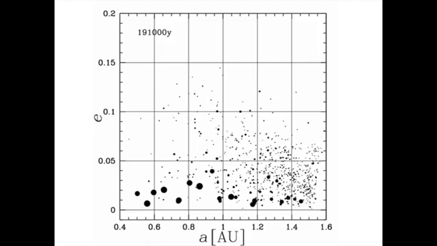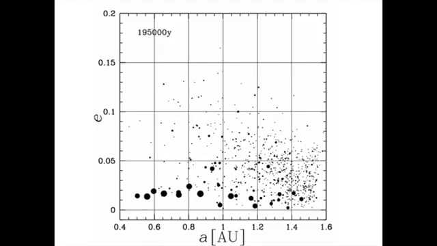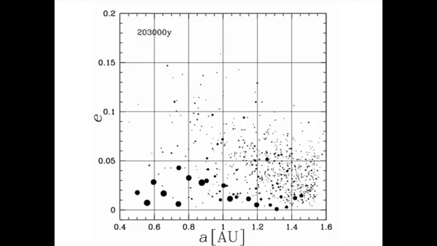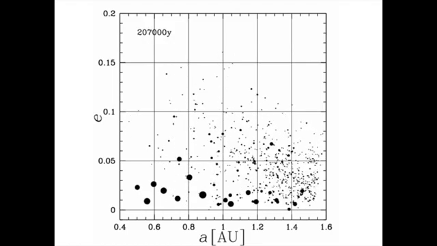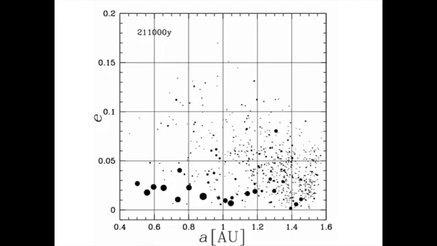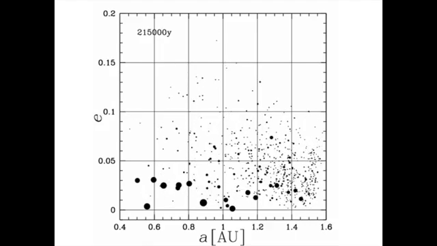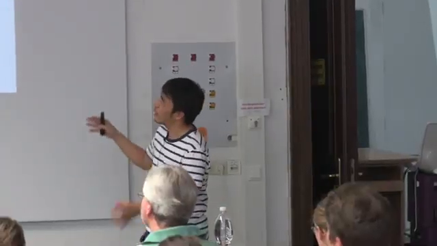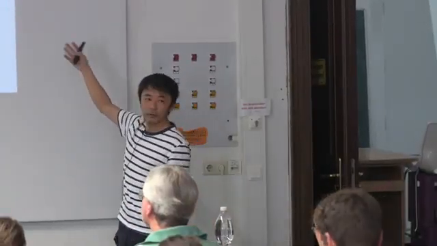So what is this stable configuration? It's like this, right? In this configuration, two adjacent planets are well separated. The gravitational interaction is weak, so they cannot make more collisions.